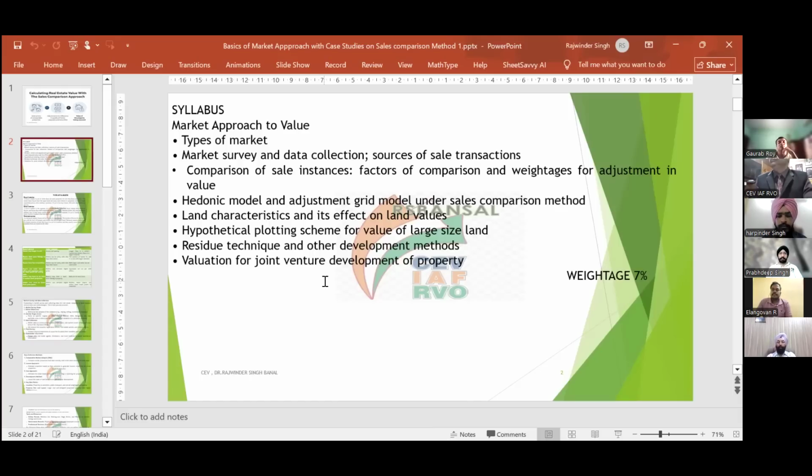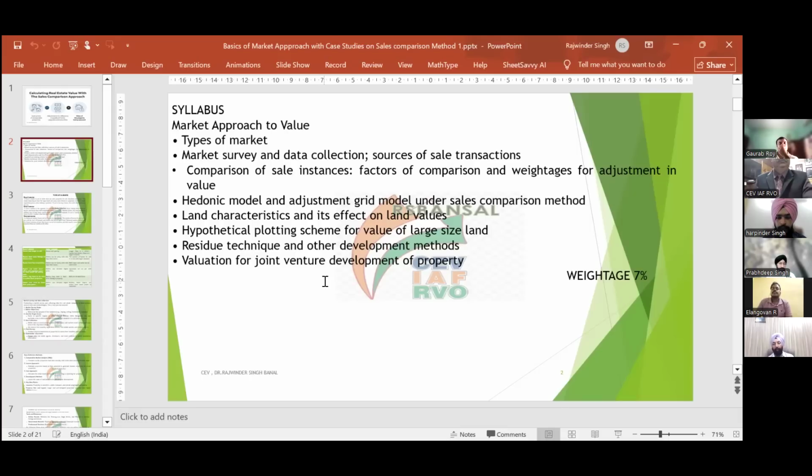So here in development method, what will we do? We will hypothetically assume the development portion of the property, and then we will calculate projected returns from the property, from where you can do the valuation of that property.